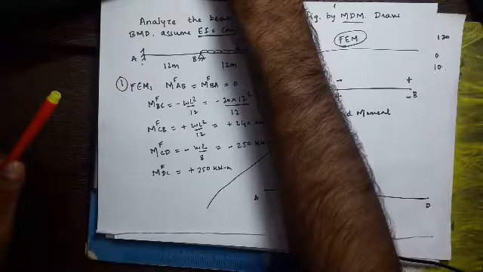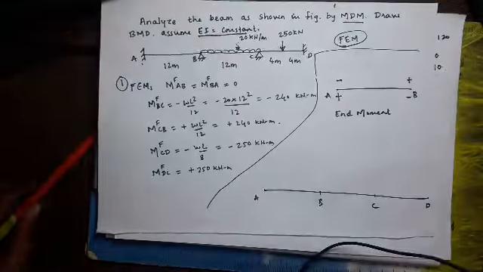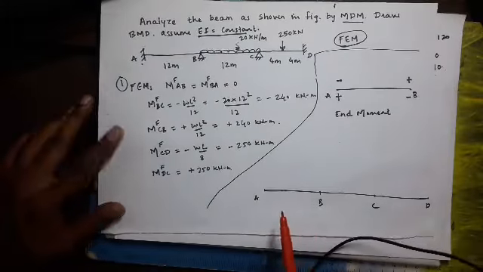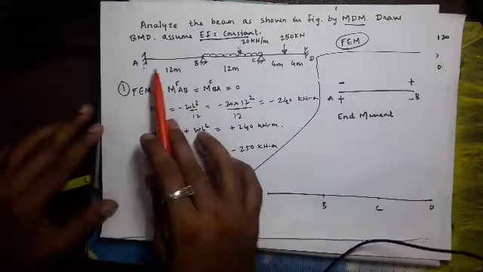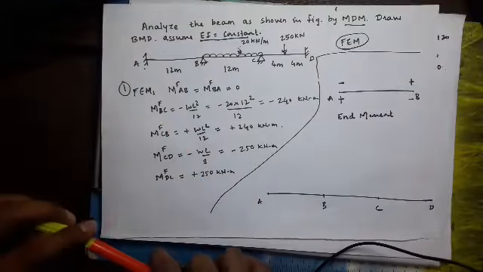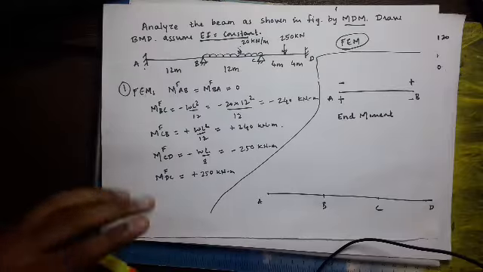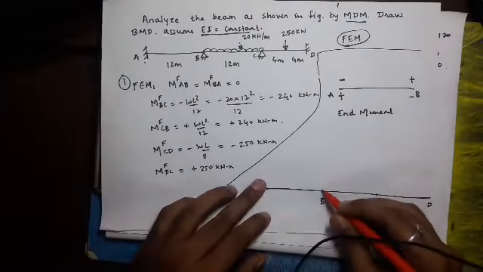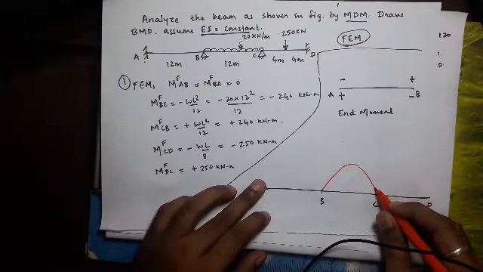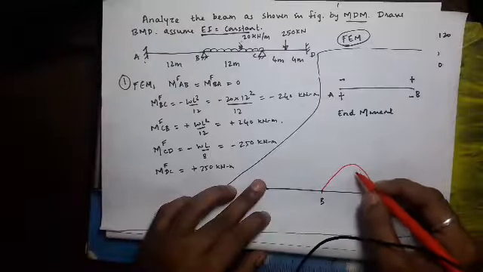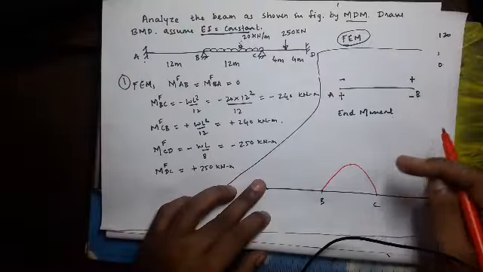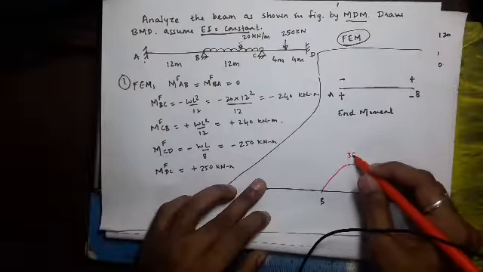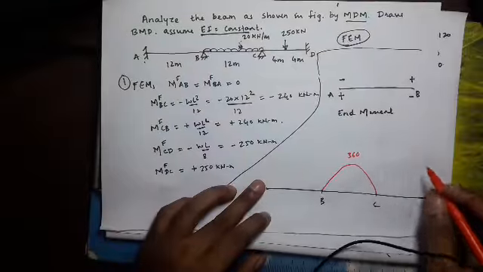You know how to draw free moment diagram? Free moment diagram depends on the loading applied on the member. AB has no load, it will not have any free moment diagram. BC has UDL over the entire span, so BC will have a free moment diagram, which will be a parabola, and the height will be WL square by 8, so you will get 360 kilonewton meter.